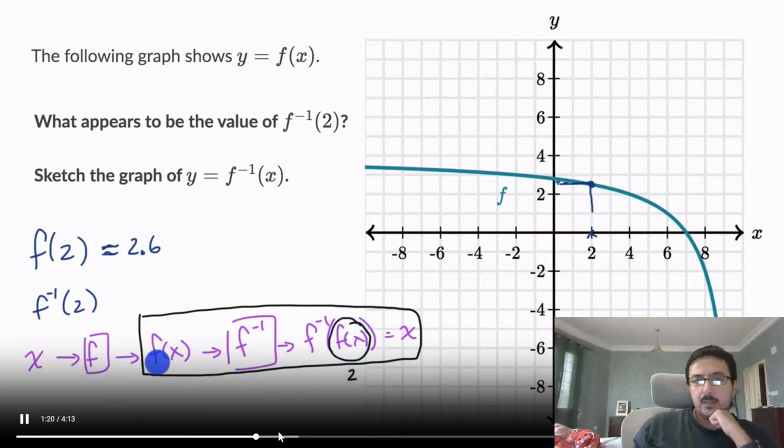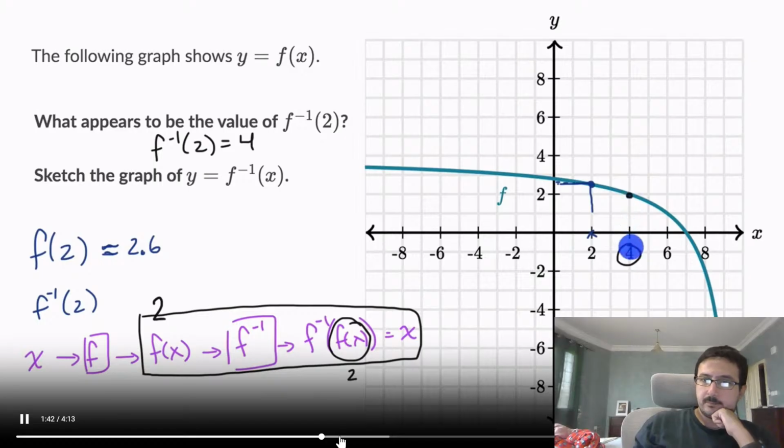So when f of x is equal to 2, what is the corresponding x? We get 4. So let's write that down. f inverse of 2 is equal to 4. So when x is equal to 4, you input that, f of 4 is equal to 2, or f inverse of 2 is equal to 4.